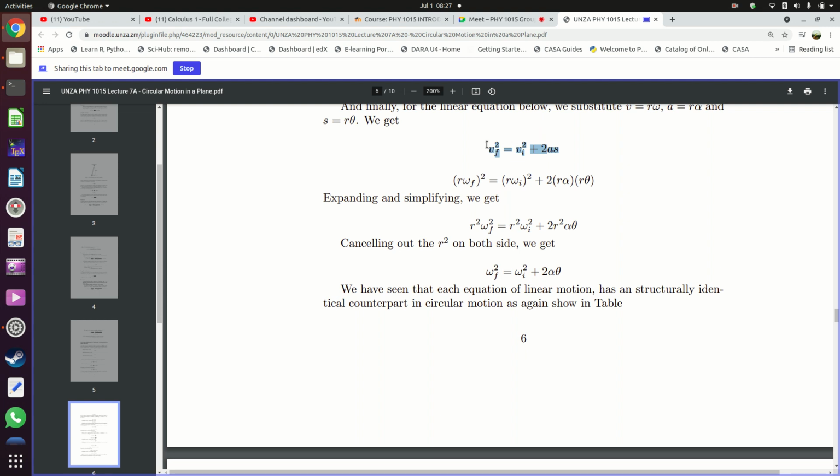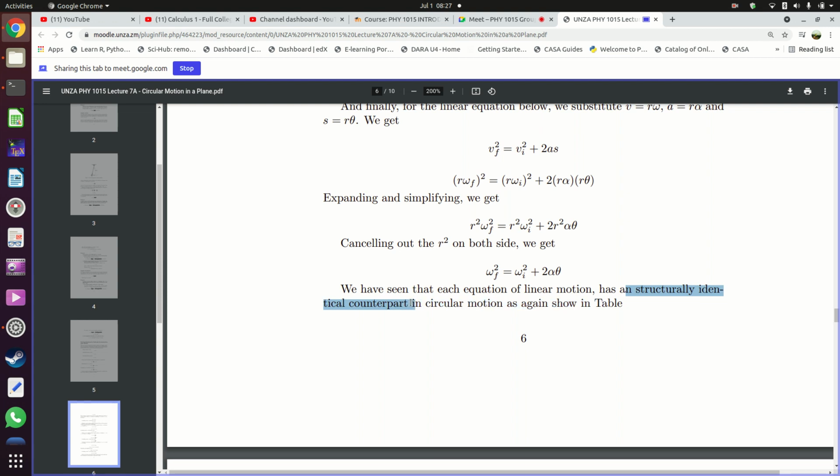So what I'm trying to say here is that the equations of linear motion, the equations we use to describe motion in a straight line, and the equations we use to describe motion in a circle are carbon copies of each other. Their structure is the same.